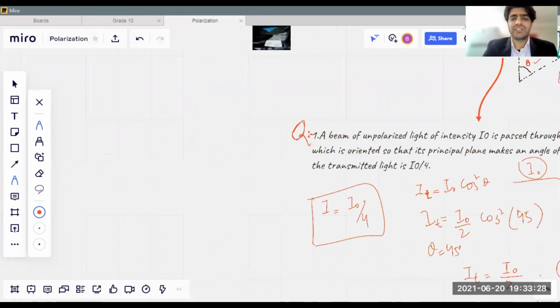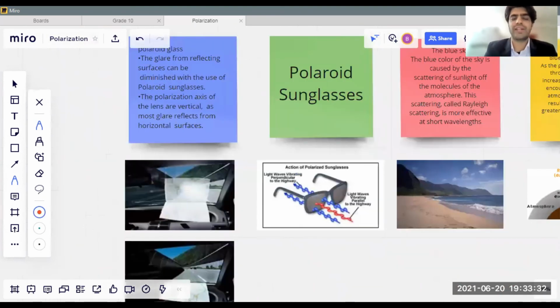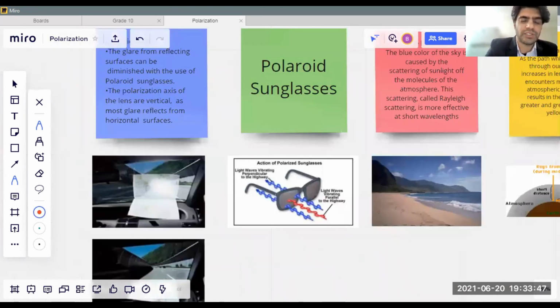Coming towards its applications, what are the applications of polarization? Polarization is used in many different applications. One of the major applications is to reduce the glare in windshields while driving a car, which is achieved by polarized sunglasses.